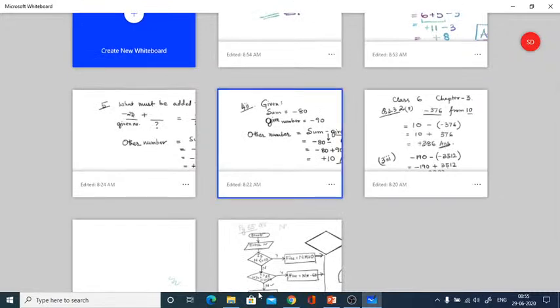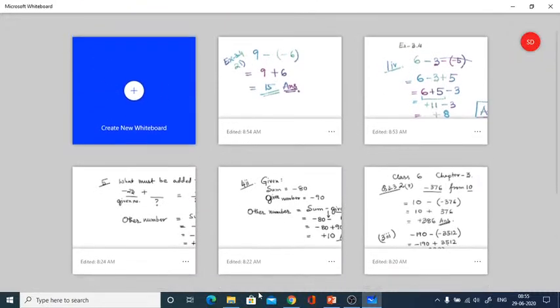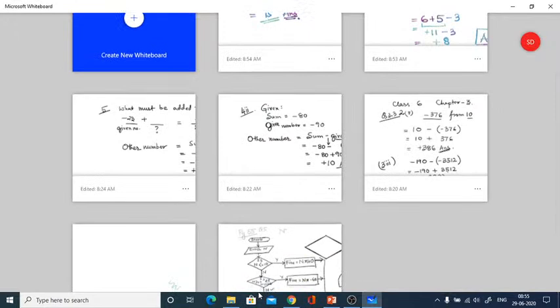Did we do it here somewhere? No, I can't see. Maybe I have done the opposite wherever I have done it. But in this case, the answer is minus 15. Sorry if you have done it the other way.